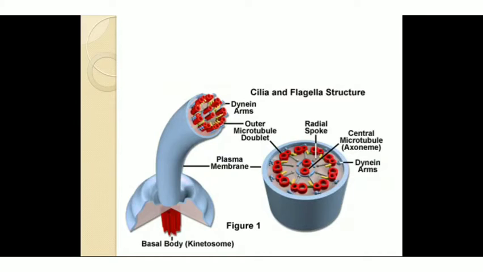Now this structure is similar in flagella also. Even the flagellum is a protozoan locomotory organ which is present in the protozoa. So a similar structure is present in cilia as well as in the flagella.